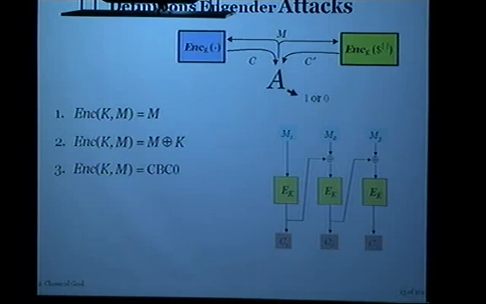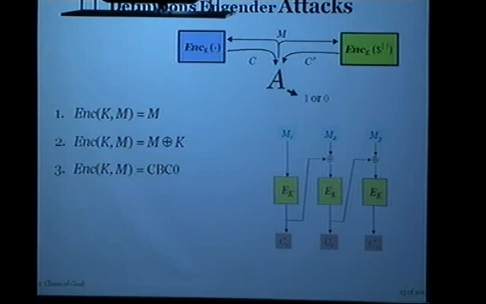We only output 1 if we got the same value back in response to the first and second queries. And therefore, we have an advantage very close to 1, 1 minus 2 to the minus n, by an adversary which is unequivocally efficient. It asked 2 queries and then compared their responses. We've broken CBC with a fixed IV of 0.